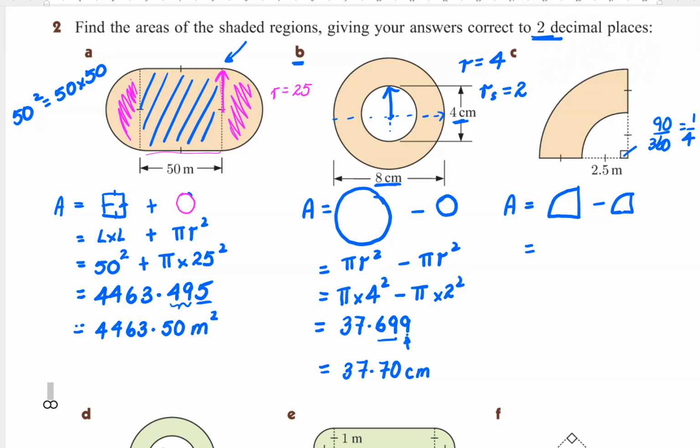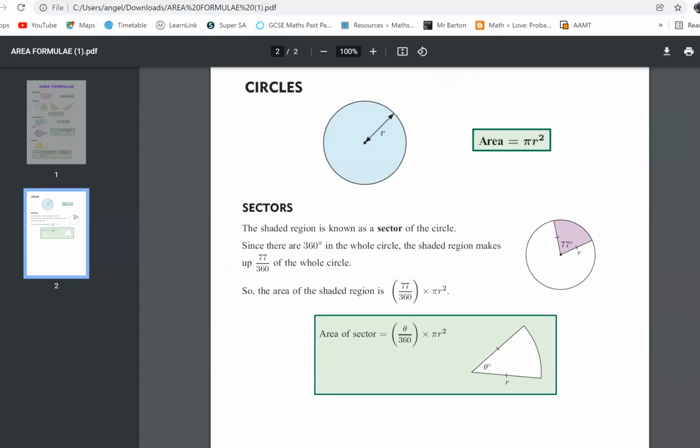Okay, so you've got options here. You could say pi times radius squared divided by 4 because it's a quarter of a circle, or you could write that as pi times the radius squared times, and remember, here's your formula here, theta over 360.